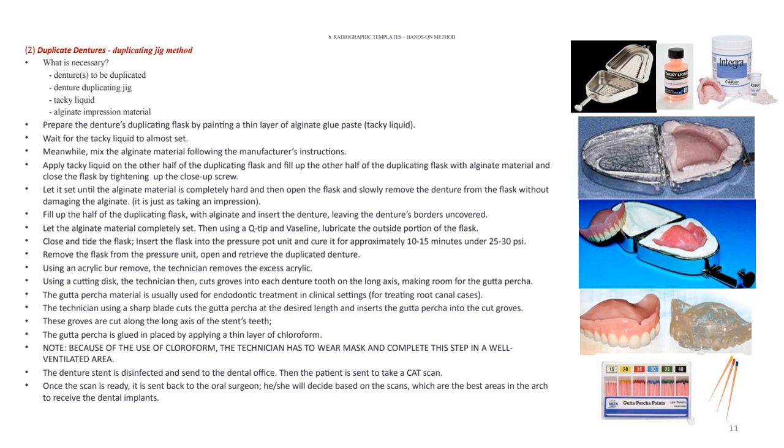We let it set for a few minutes, and then we mix the impression material. Usually it's alginate. Fill up that half of the jig with the impression material, and then insert the denture inside. Leave a little bit of a border exposed from the denture.